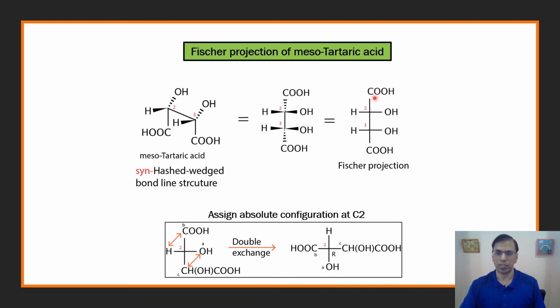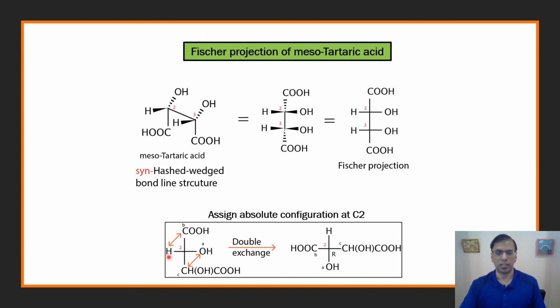So we have the carboxyl group, hydrogen, OH, and this whole group, which is written as CHOH, COOH. So the hydroxyl group and carboxyl group. You can see that hydrogen is not on the top. It needs to be on the top before we can attempt to assign the absolute configuration about the chiral carbon 2. So we are going to do a double exchange, double-headed arrow.